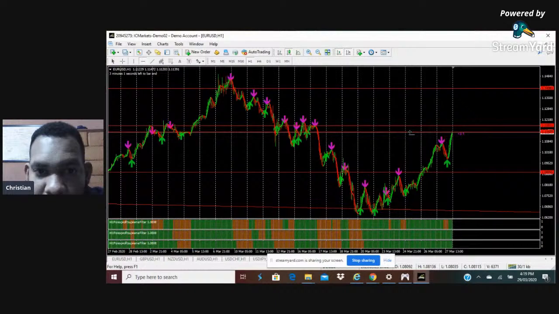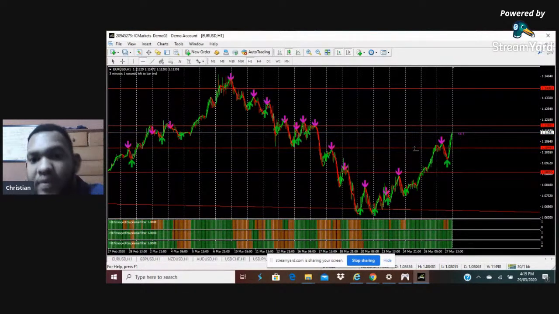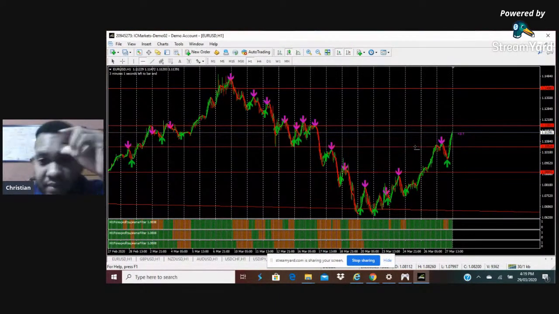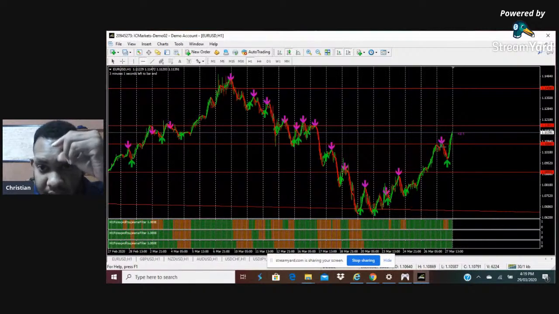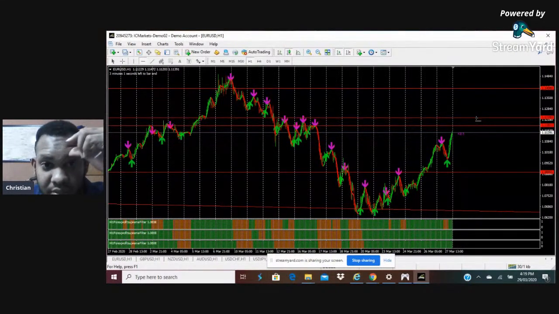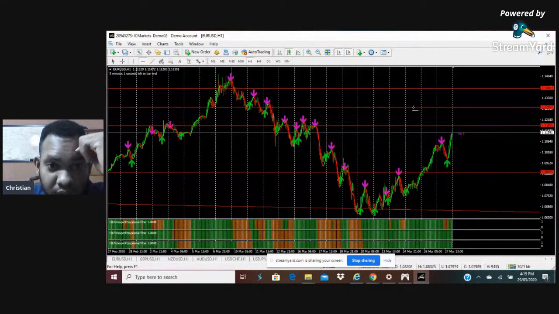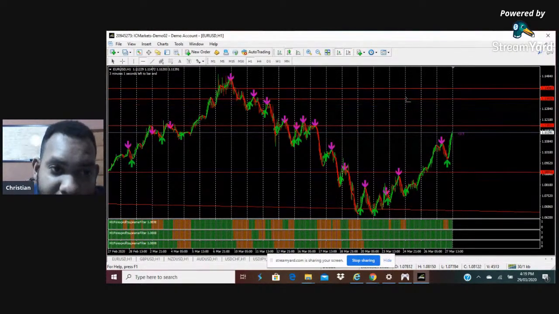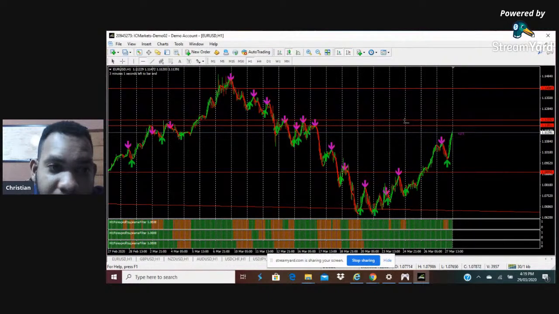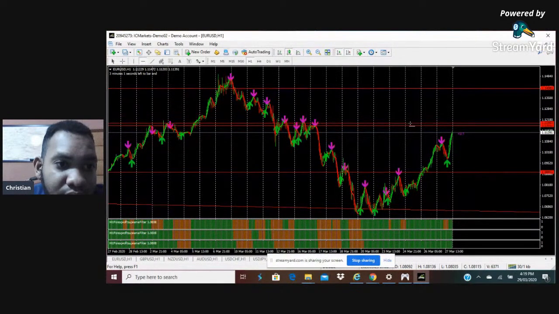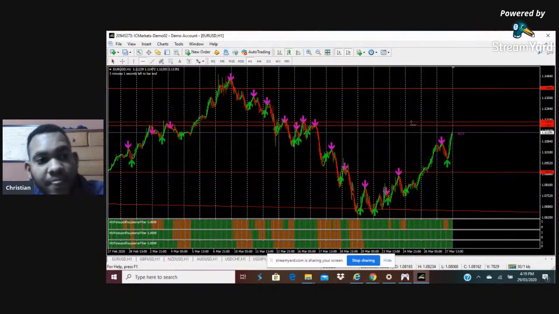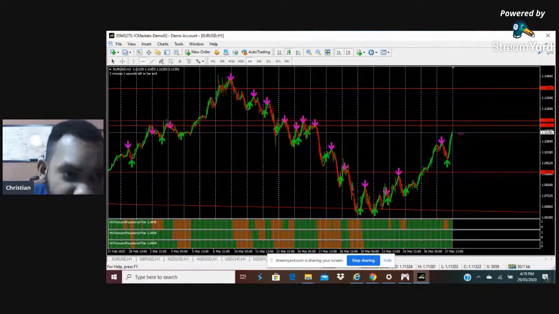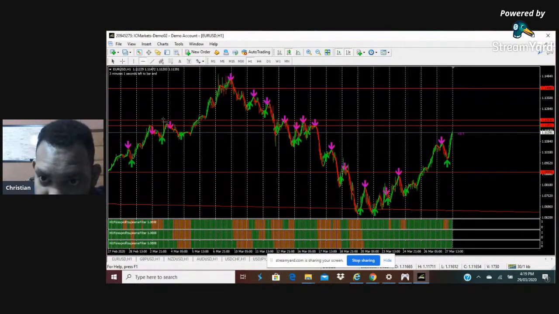So it might dip to about this structure here, and it might continue to go up about this area, but it might retest around this area here, right?